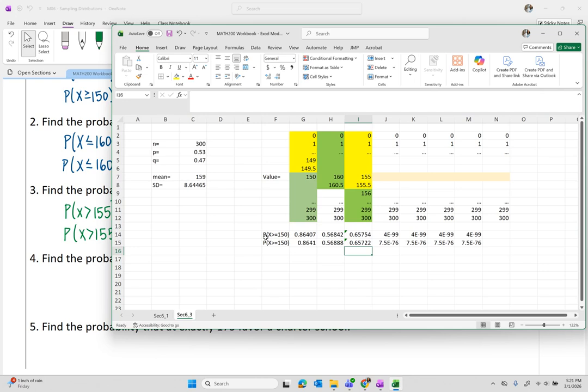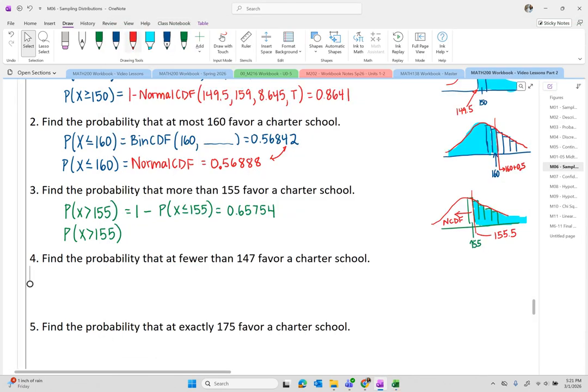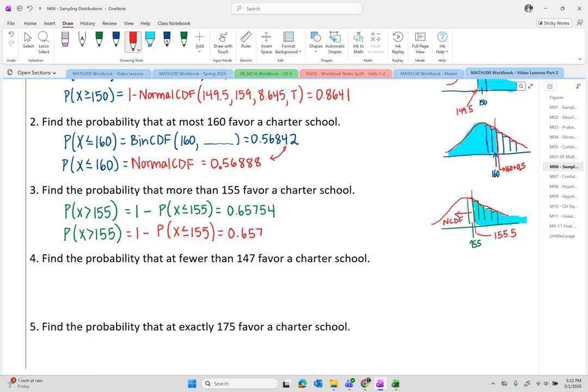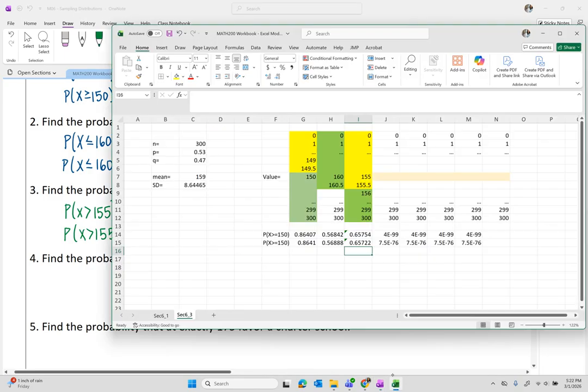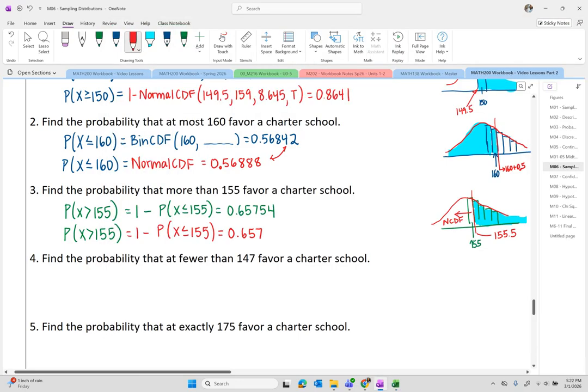And that comes out to be 0.65722. And again, as you can see, I am accurate to the nearest thousandth, and I have only 3 ten-thousandths difference.